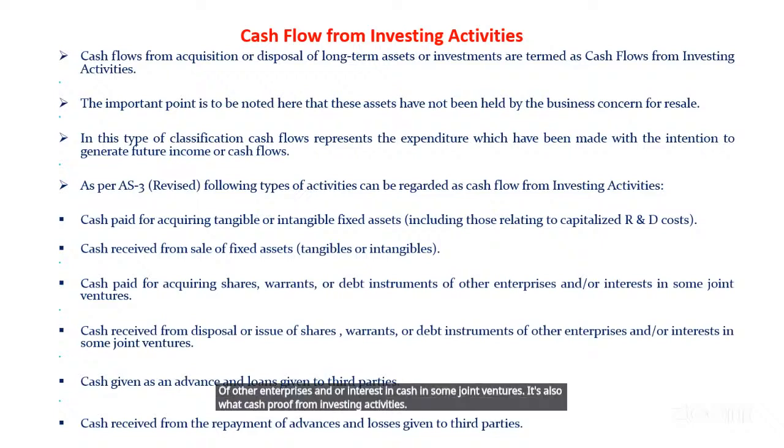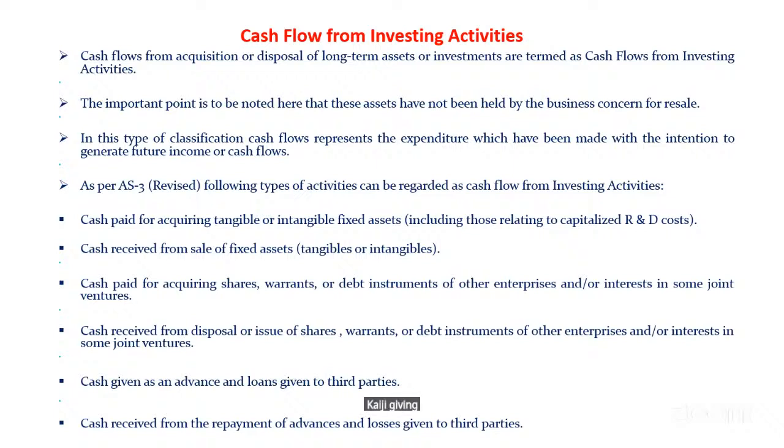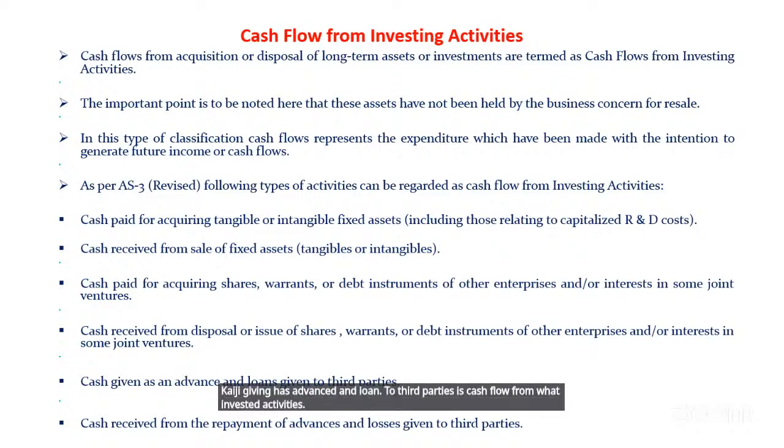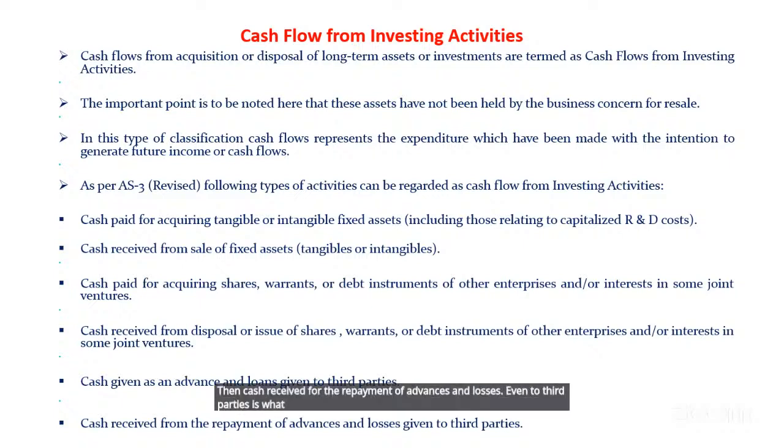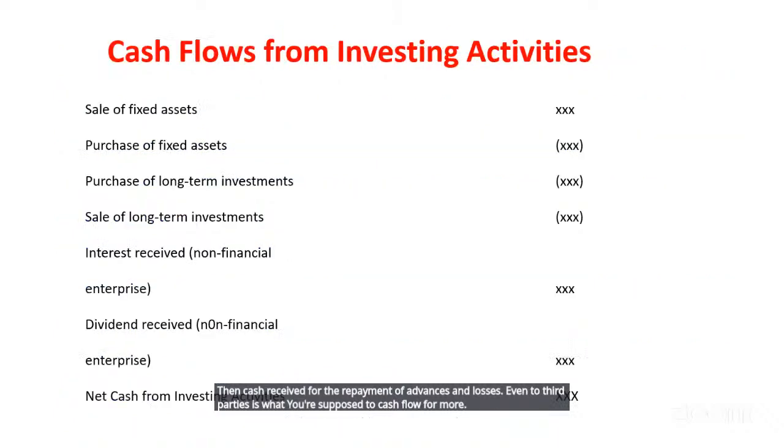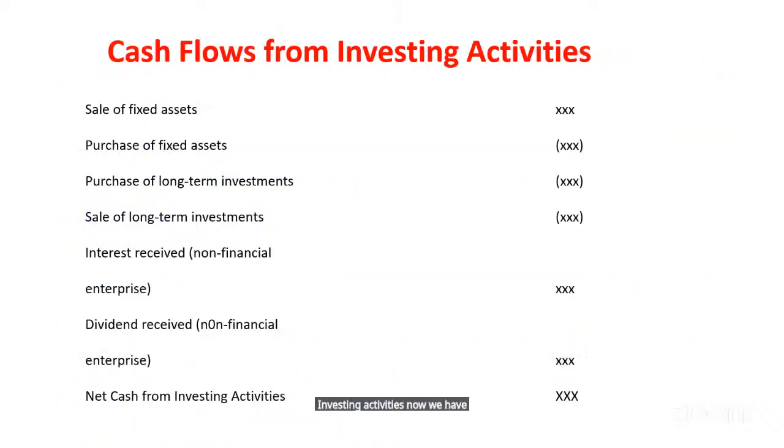Cash given as advances and loans to third parties is cash flow from investing activities. Then cash received from the repayment of advances and loans given to third parties is also cash flow from investing activities.